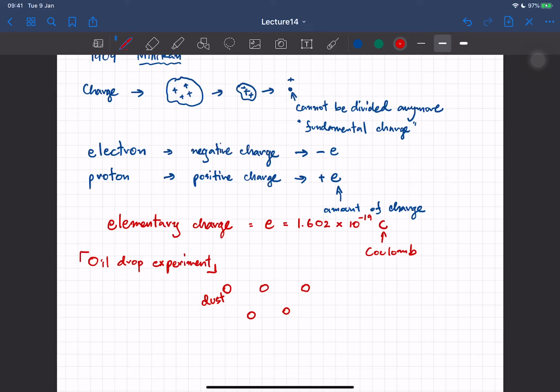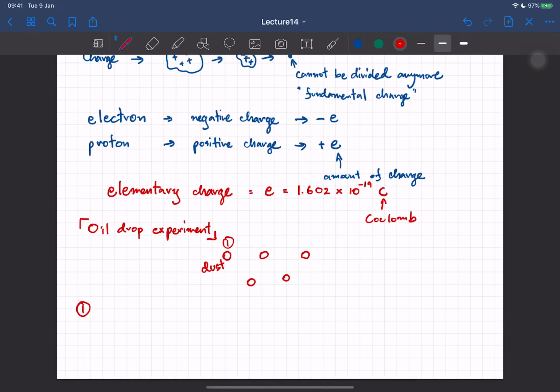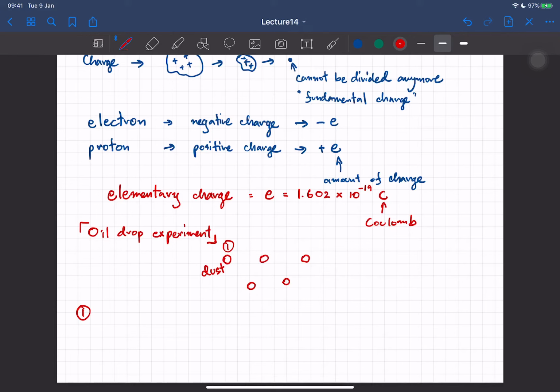But in any case, what Millikan found is that if the dust particle is charged, then the amount of charge is always going to be a multiple of E. For example, if you take dust number 1 and measure its charge by whatever equipment you want to use, and most of the time we will use the variable Q to stand for charge, you might find that Q for dust number 1 is equal to 1.6 times 10 to the minus 19 coulomb.